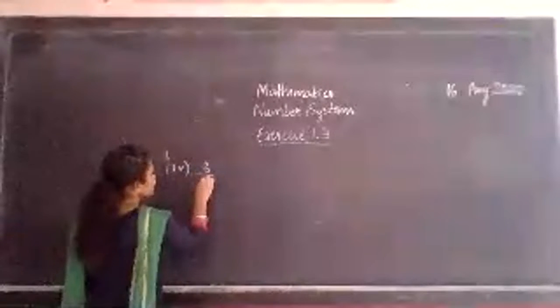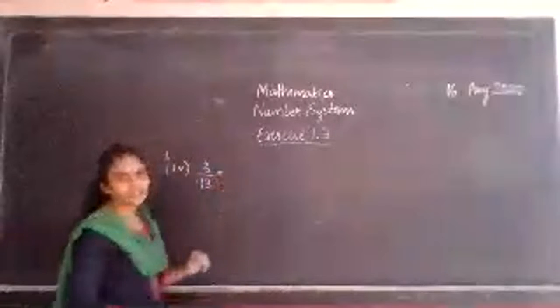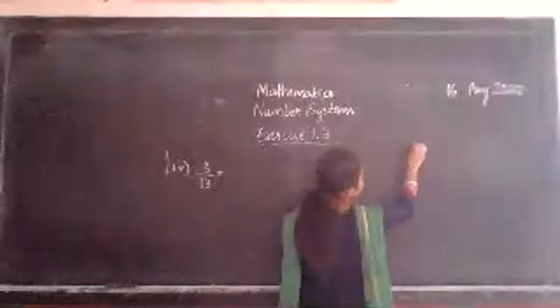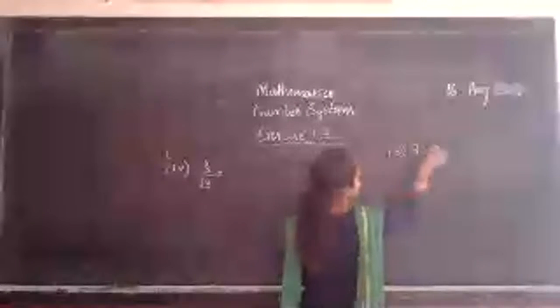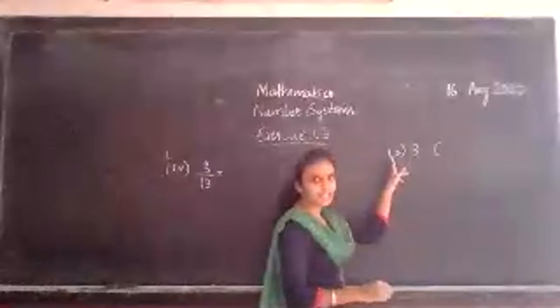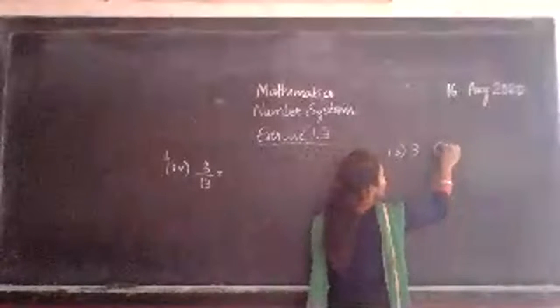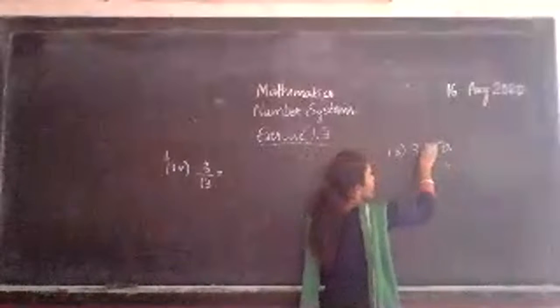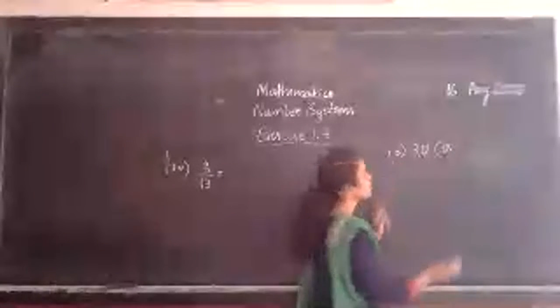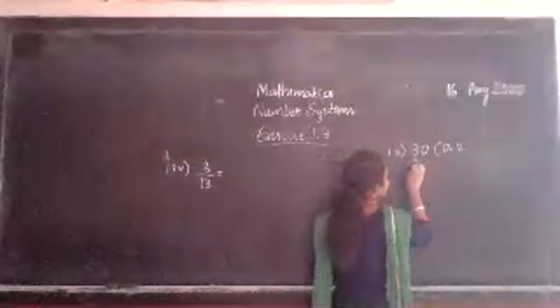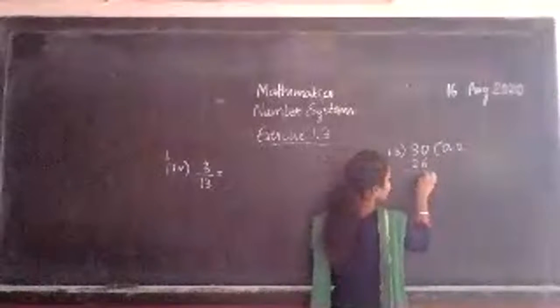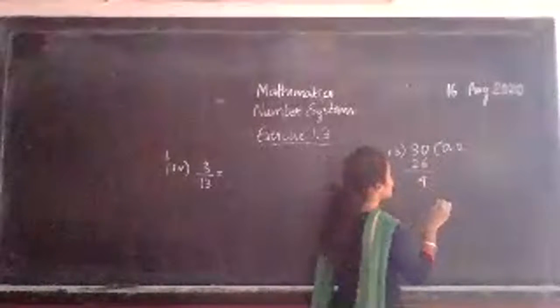Now 3 by 13 I should directly solve. So I will be dividing 3 by 13. 3 is smaller than 13, so it is not divisible by 13. So I directly put the point, 0 point. Now I take 0 here. We know 13 twos are 26. Then 4 is the remainder.